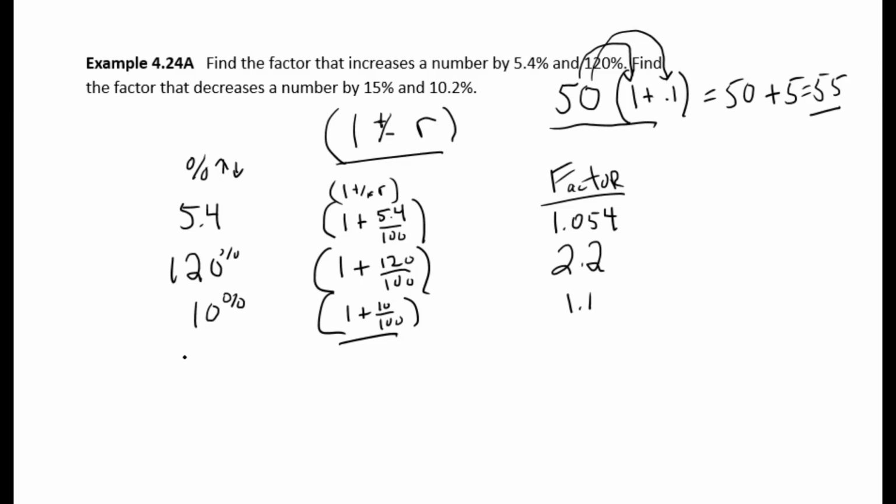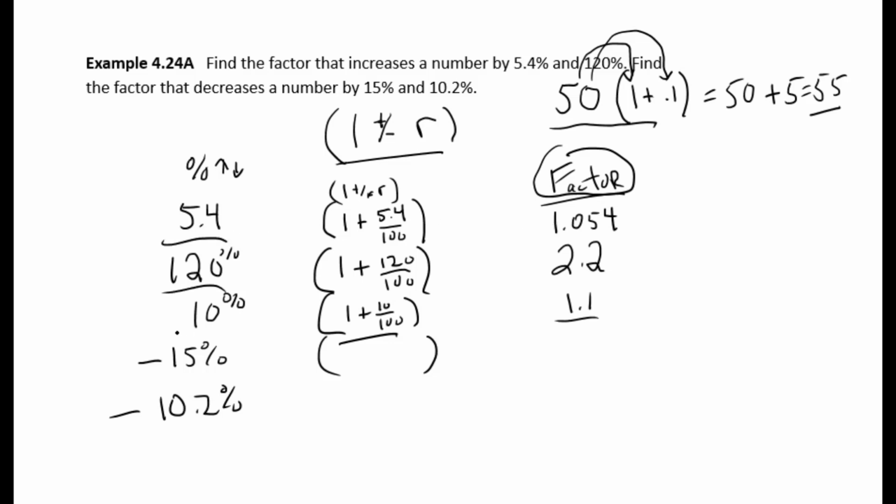So now let me decrease a number by 15%, and finally decrease a number by 10.2%. And I advise you not to jump to this step here, to the factor. The factor is the number you multiply by in order to achieve whatever task you're trying to achieve.